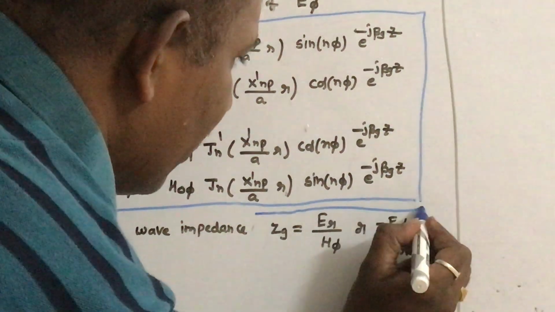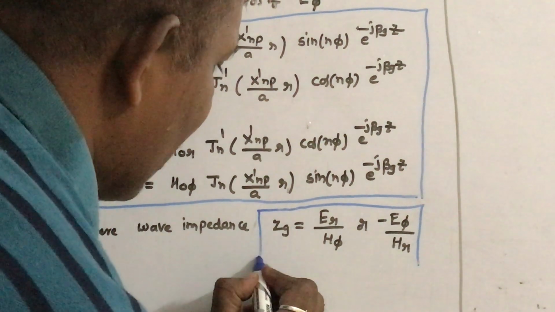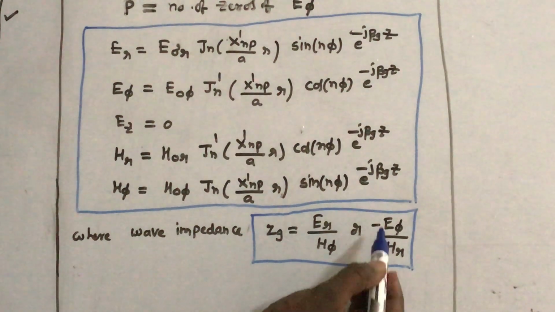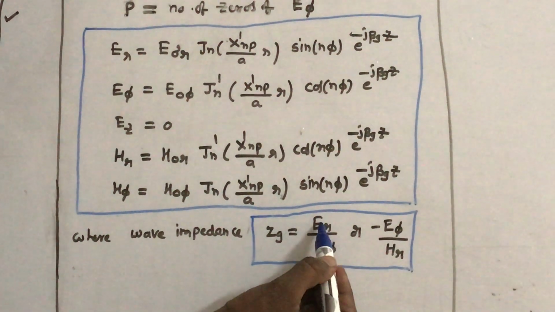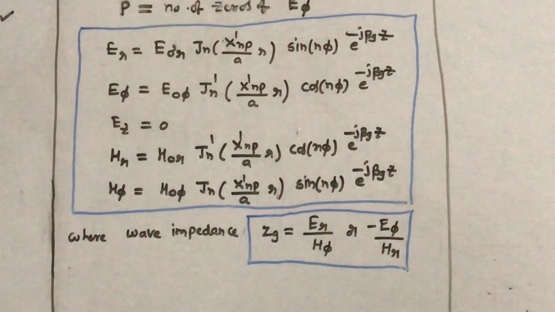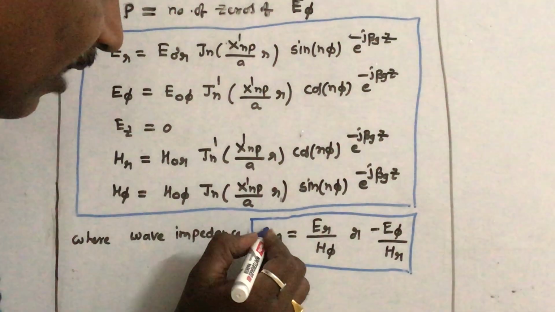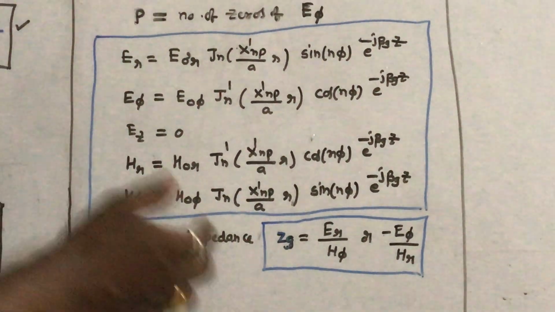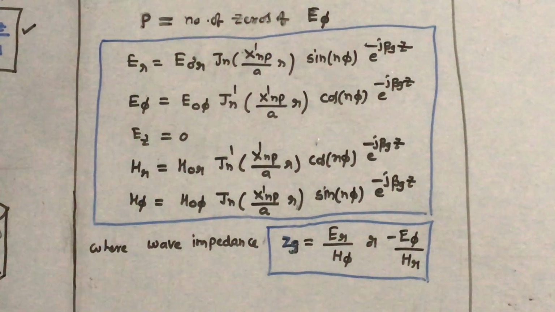Because we are dealing with the cylindrical coordinate system, it is ER by H phi. In the Cartesian coordinate system we can write it as EX by HY or EY by HX, but in the cylindrical coordinate system it is ER by H phi or minus E phi by HR.